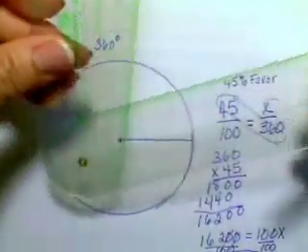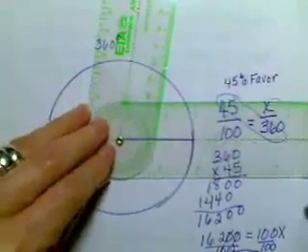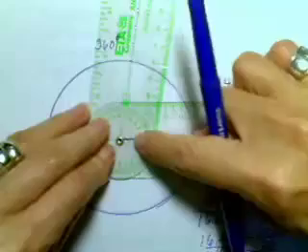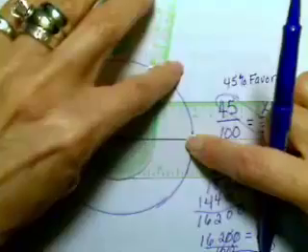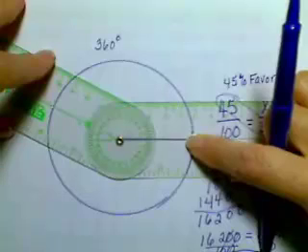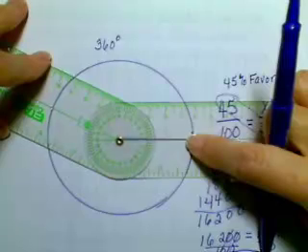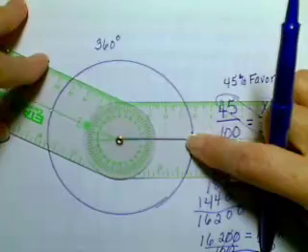I'm going to put the center of my protractor at the center of the circle and the 0 on the radius, and I'm going to measure around to 162 degrees, and I'm estimating. Looks like maybe I'm in the ballpark.